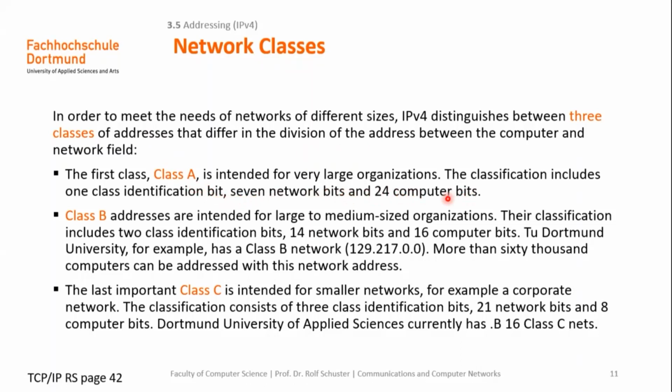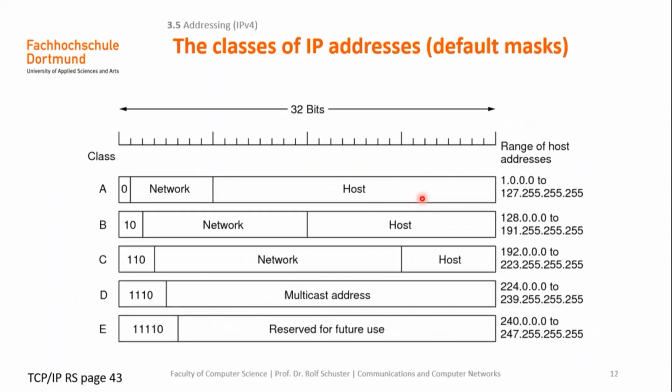We can see this in this picture. In class A, the addresses have the most significant bit 0, 7 bits to code the network number, and 24 bits to identify the host.